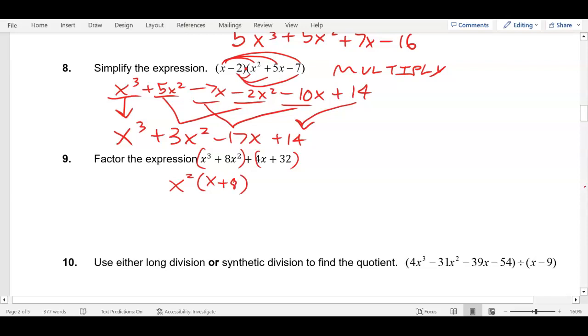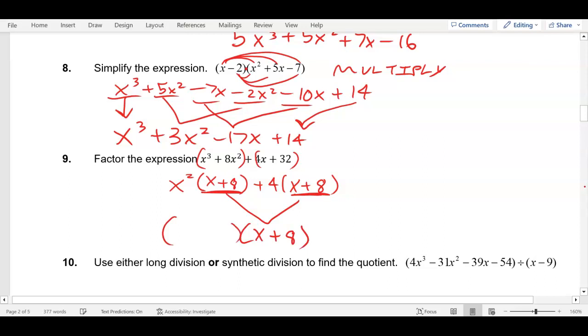And then over here, what goes into 4 and 32? 4. When I divide them, I'm left with x. 32 divided by 4 is 8. When you do this, you got to ask, do these match? X plus 8, those match. Okay, so that's going to come down here as x plus 8.